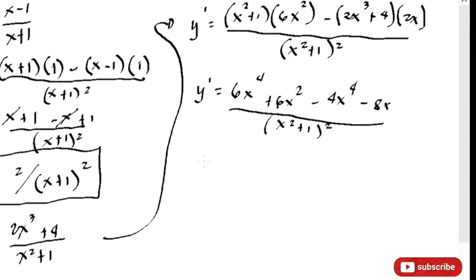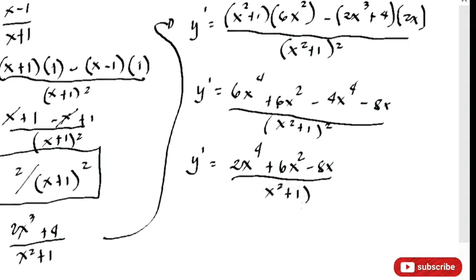Now let's combine the same degree. 6x to the 4th minus 4x to the 4th is equal to 2x to the 4th. So 2x to the 4th plus 6x squared minus 8x over x squared plus 1 squared. So this is already our final answer.